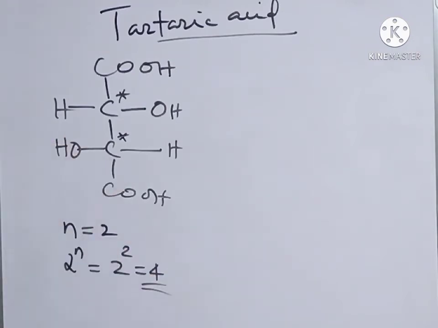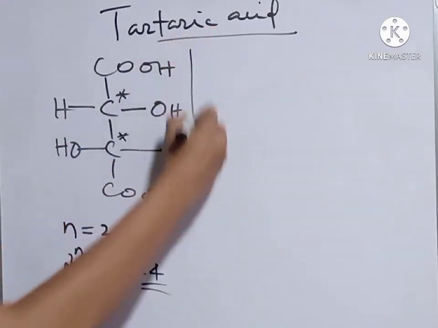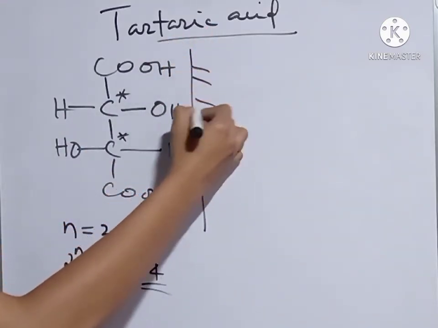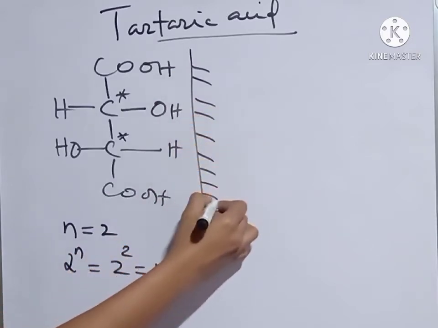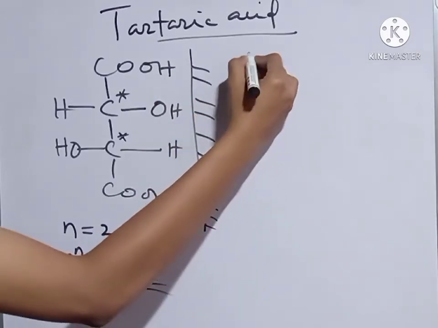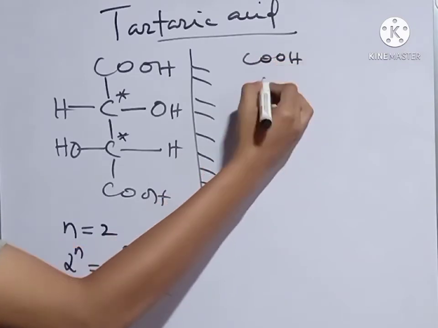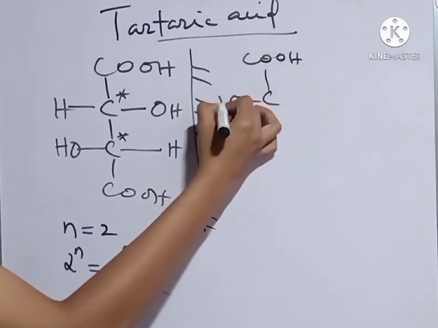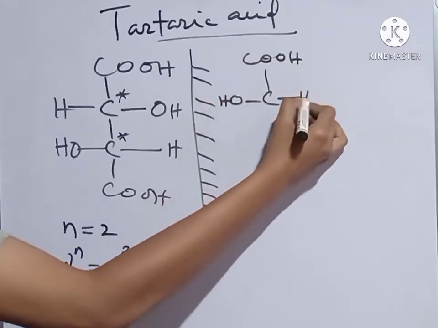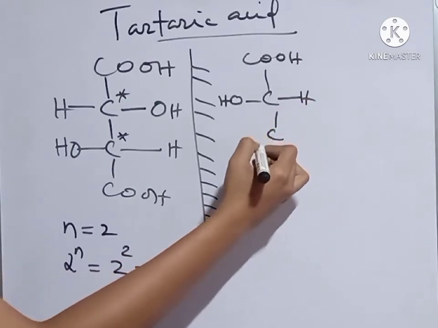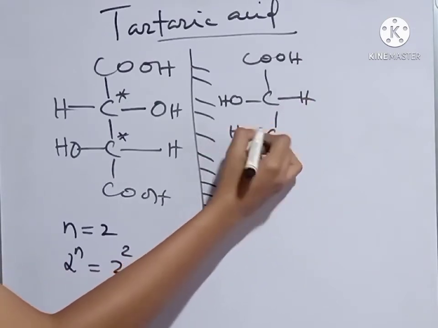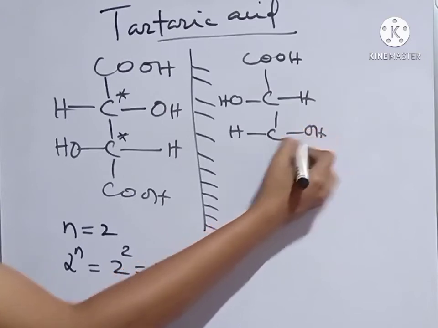Now let us draw the stereoisomers of this compound. One of the isomers is this. The next one will be the mirror image of this, that is COOH, COH on the left side and the hydrogen on the right side, and the hydrogen OH.